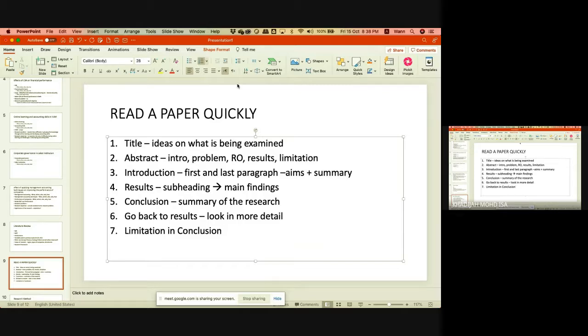For example, if the limitation is that the number of observations is small, then maybe in your paper you want to increase the number of observations. Or if the limitation is that it is a survey, there are some disadvantages of the survey, so in your study you do interviews, because interviews will give you more in-depth data. And finally, it's also important that you look at the references.